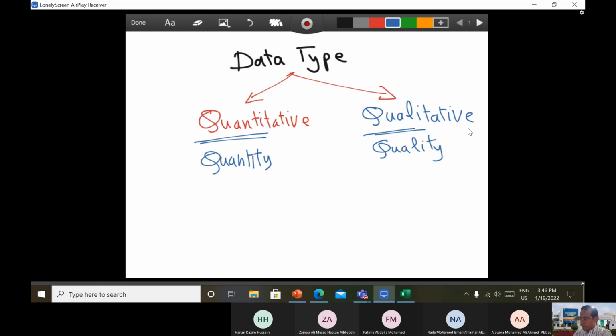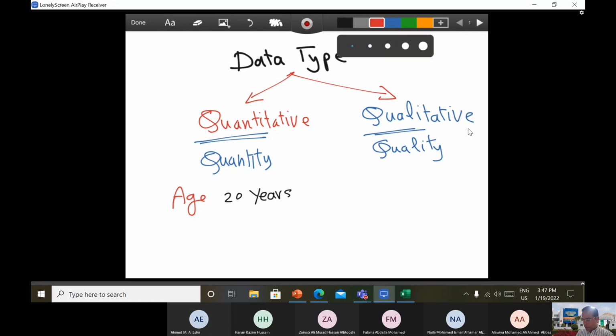Fine. Okay. So let's go for the age. When I'm asking what's your age, you will say 20. So it is quantity, right? You have to give this as years. If I'm asking you, what's your height? Also, you give me quantity.